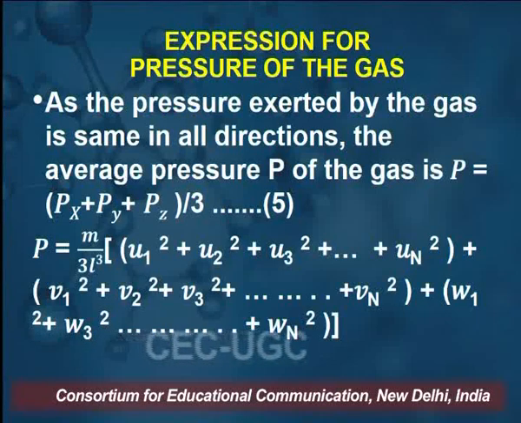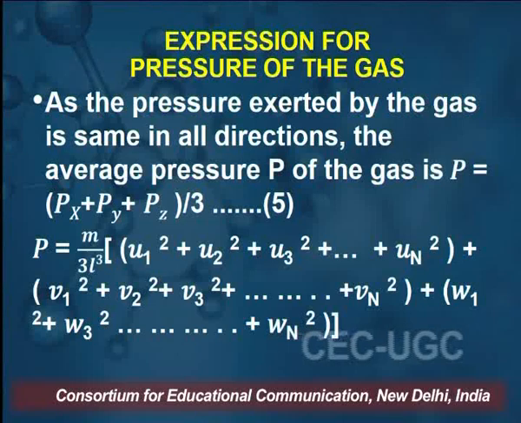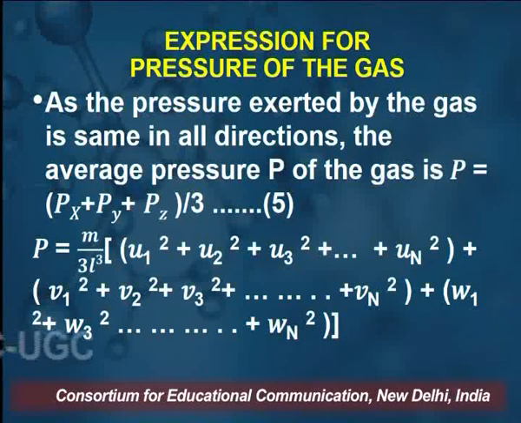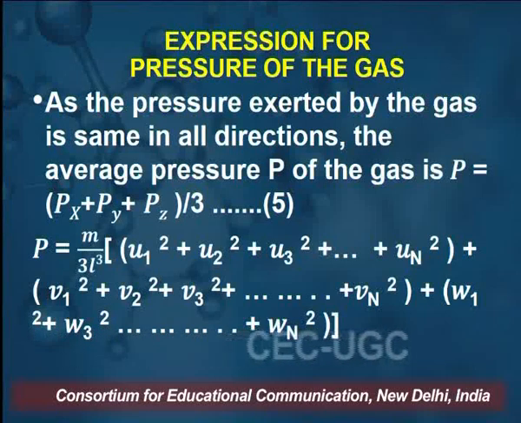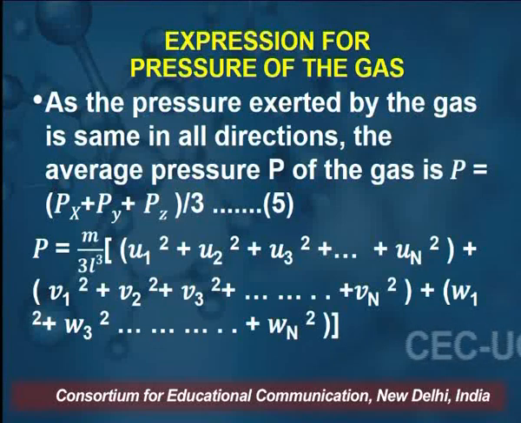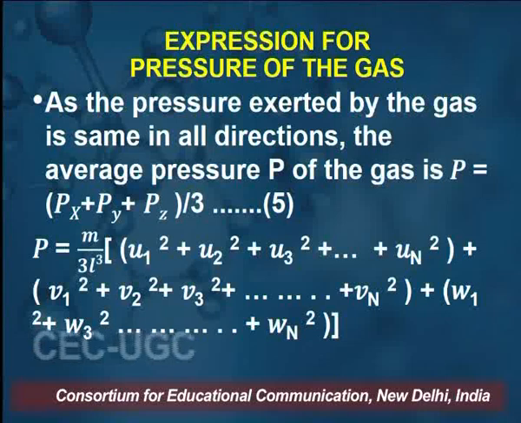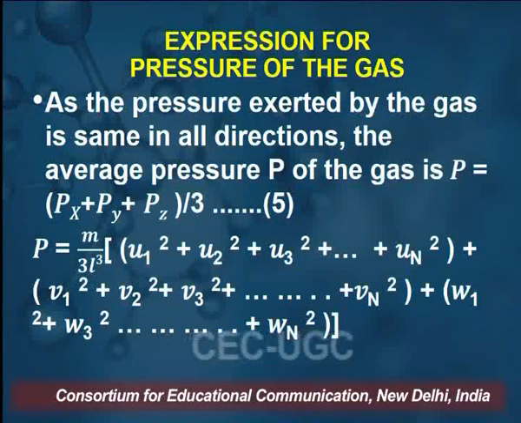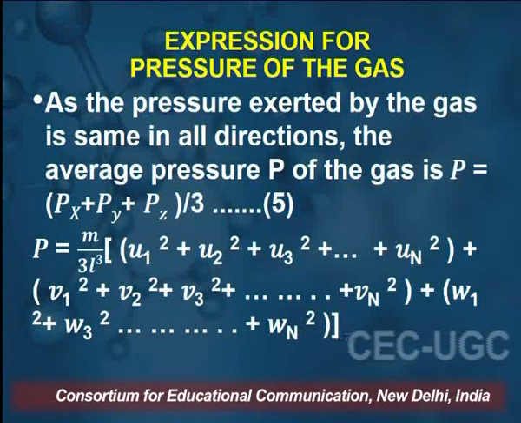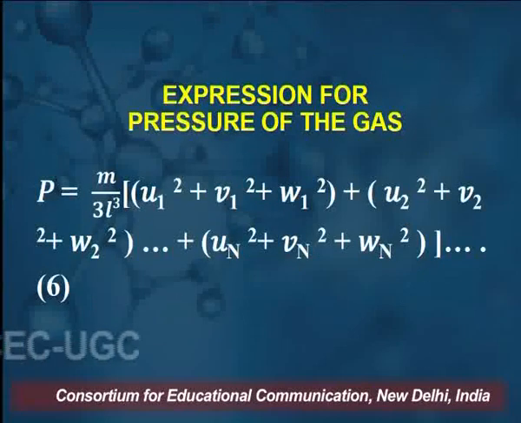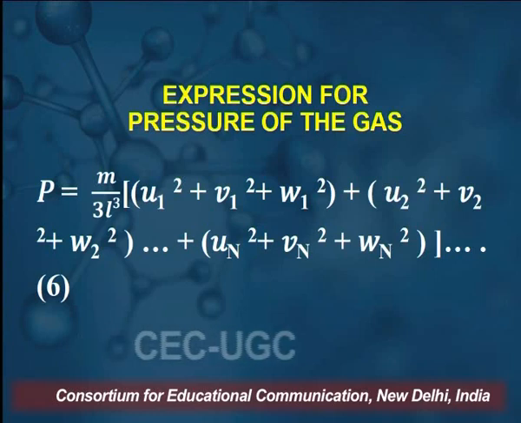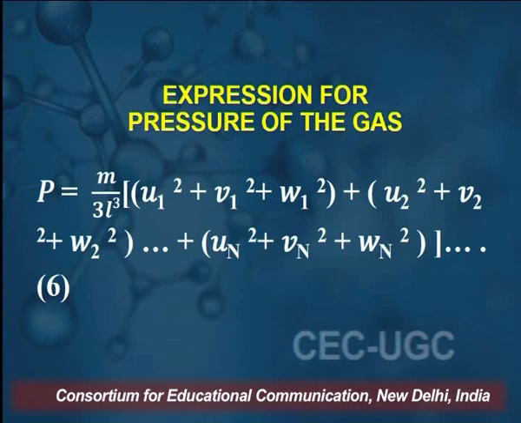So P is equal to m by 3L cube, L cube because of volume, into u1 square plus u2 square plus u3 square plus so on so forth un square plus v1 square plus v2 square plus v3 square plus so on so forth vn square plus w1 square plus w2 square to wn square. Hence we get expression 5 as the expression for pressure of the gas.